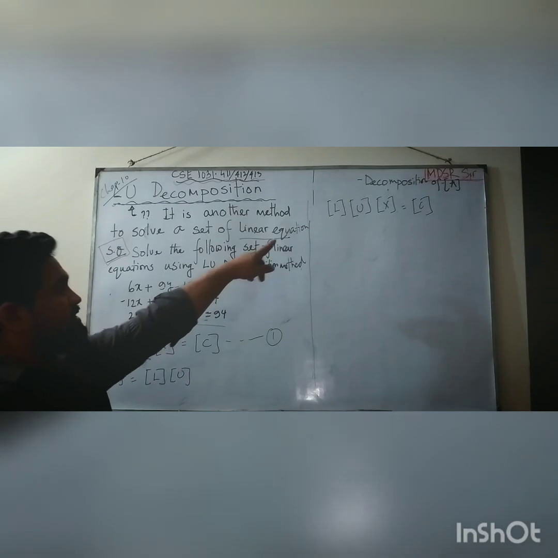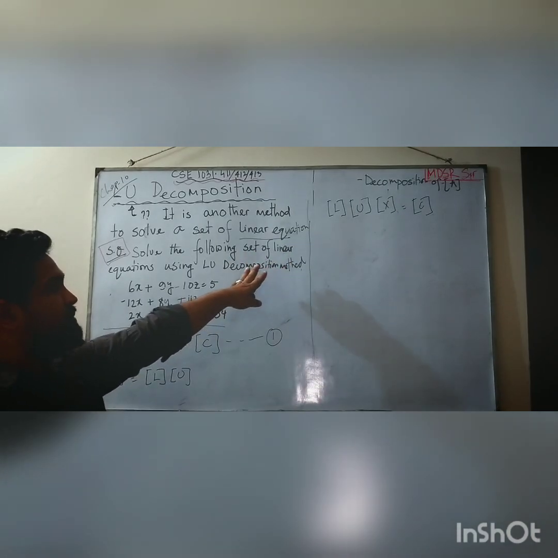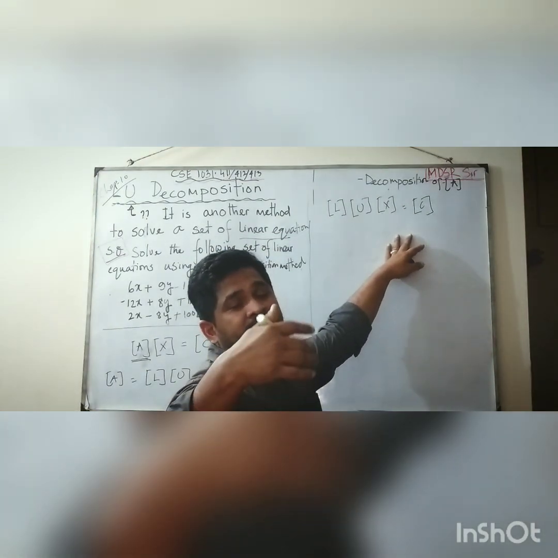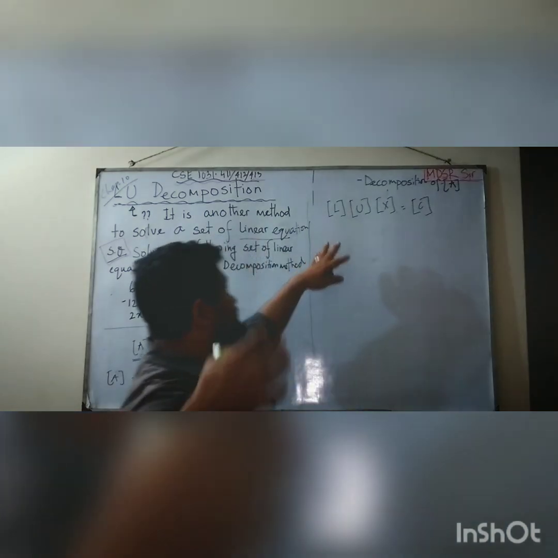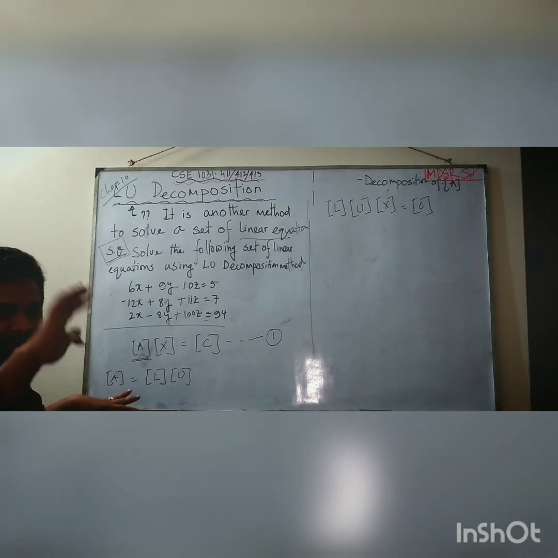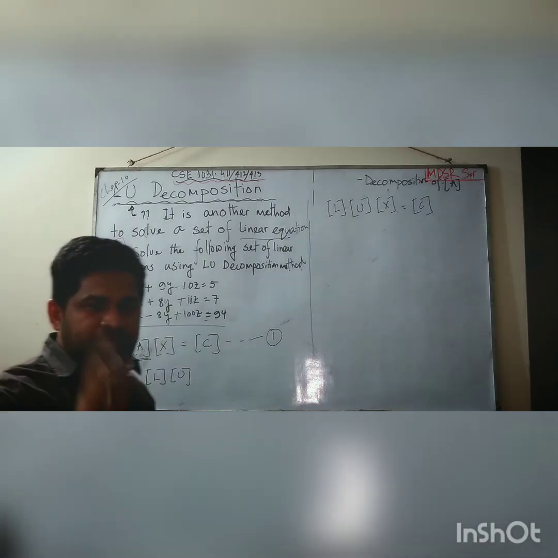That should make sense, right? Instead of AX equal to C, we can write LUX equal to C, considering that if you multiply L into U, you will get A. I should have shown you that before, but for now, just take it from me.